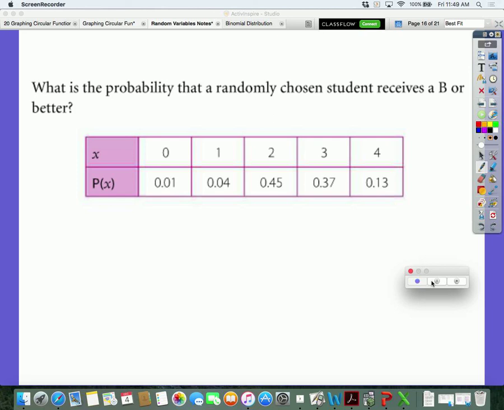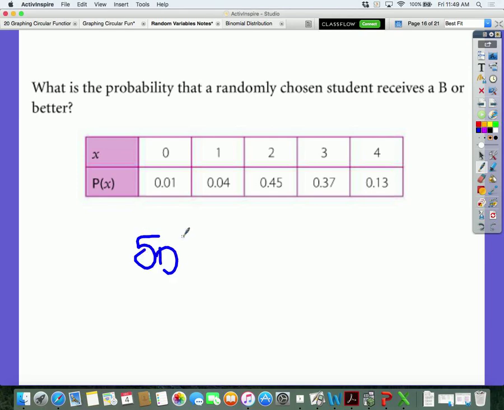Now I have seen people not get credit for this, because it asks you for the probability. One half. Yeah, one half would work. But I also saw this. So be cautious there.